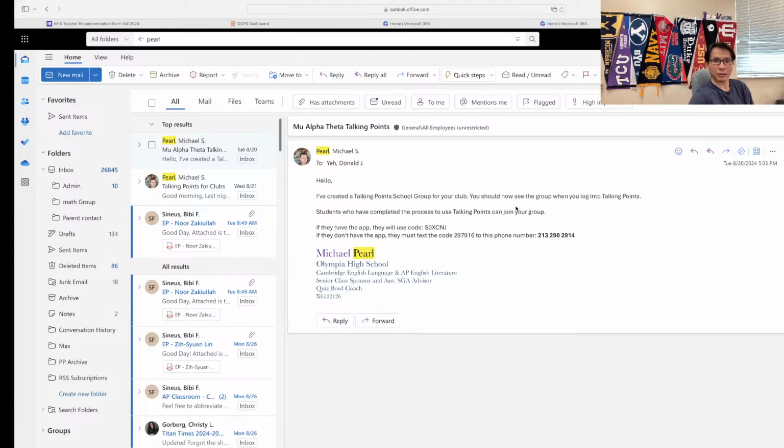It has a code right there. Wait, but do I have to set up? Can I text him on their group chat? But how? You have to log into TalkingPoints on your phone. Okay, so how do I? Wait, can I just join from a phone if that shows up?